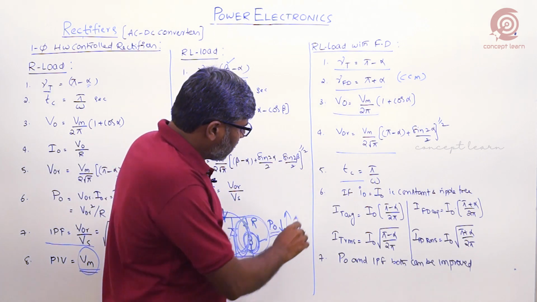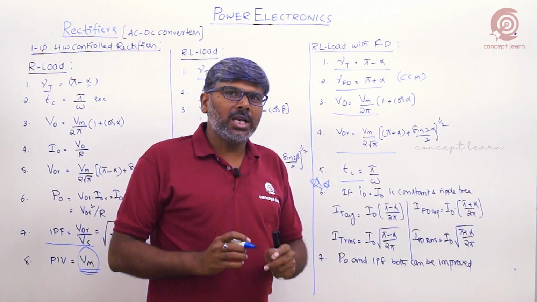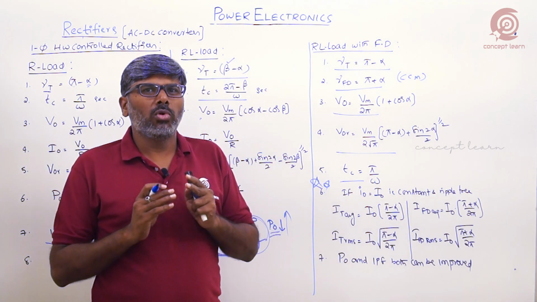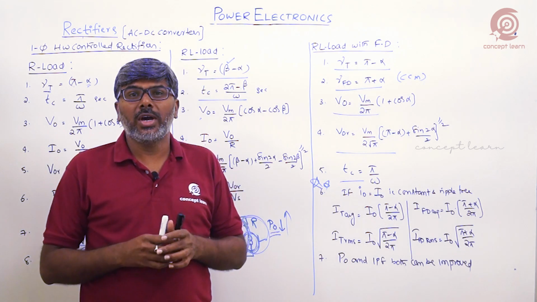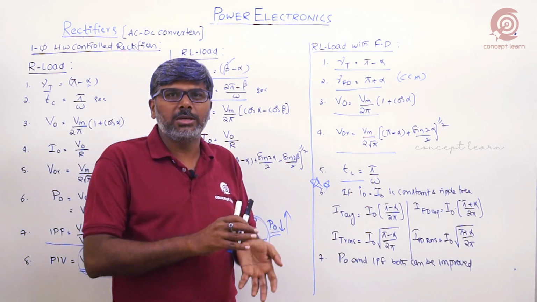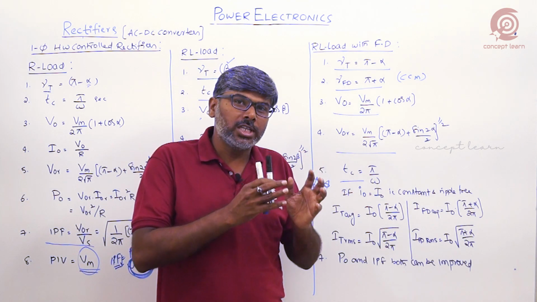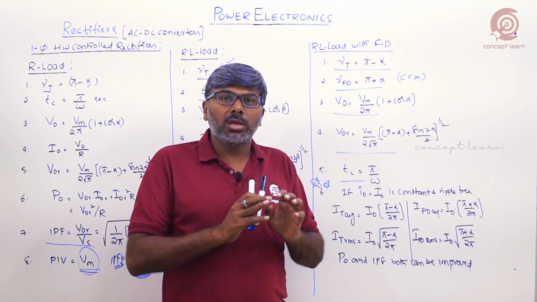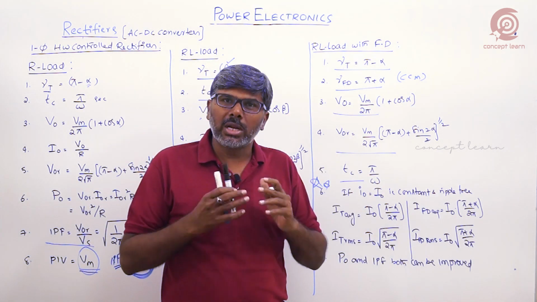Now another important thing: the load quantities like I naught or V naught are not pure DC. A rectifier converts AC power to DC power, but that DC voltage or current is not a straight value, not ideal DC. They must have some harmonics or ripples, right?